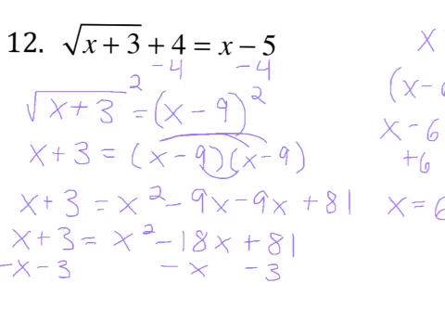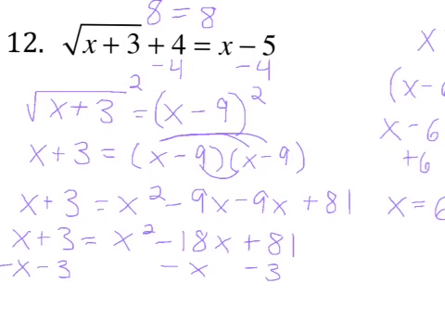That doesn't seem right. If I plug in a 13, I get the square root of 16, which is 4. 4 plus 4 is 8. And if I plug a 13 in, 13 minus 5 is also 8.